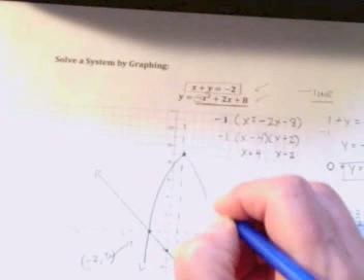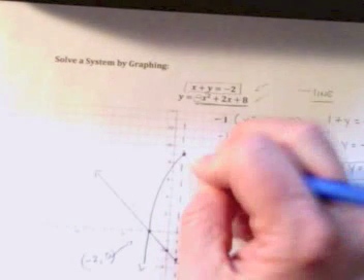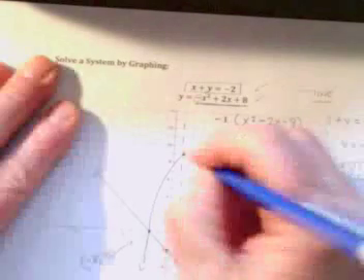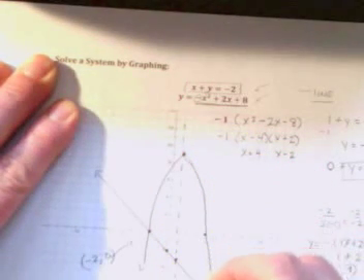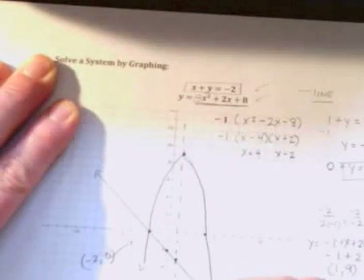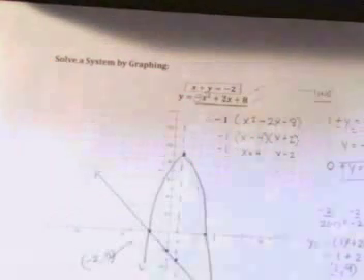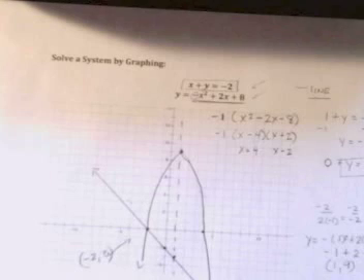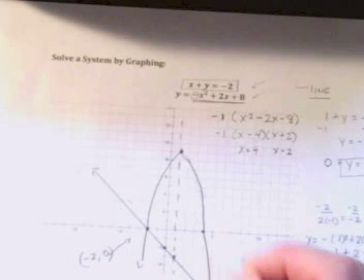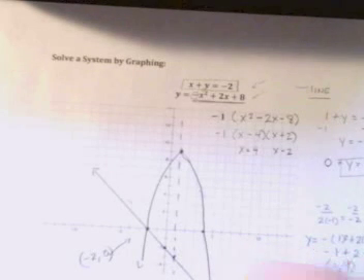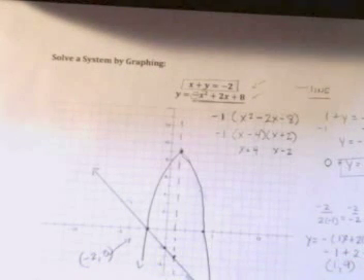But what I notice here, and sometimes it's a little difficult to graph this quadratic really definitively, is that I think I'm intersecting at maybe 5, -7.